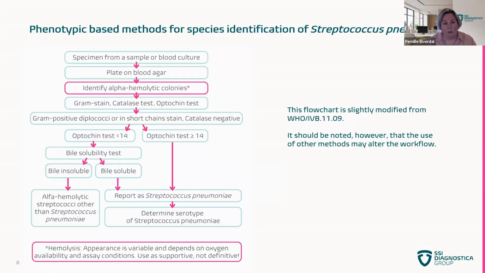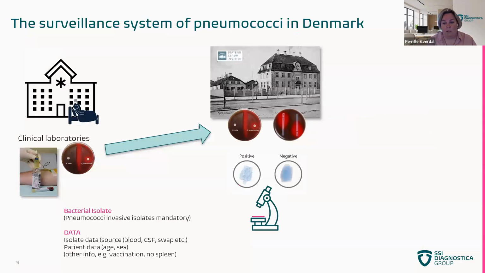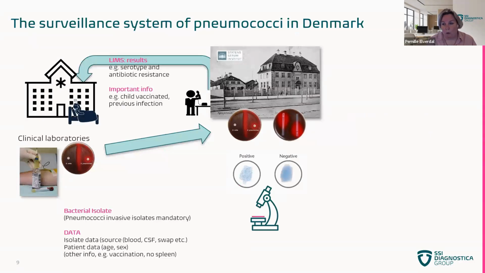And when you then have your serotype, the reference laboratory will report back the data to the hospital on which serotype it is, if it has an antibiotic resistance pattern, and other information they have from the surveillance system on vaccination status and previous infections.